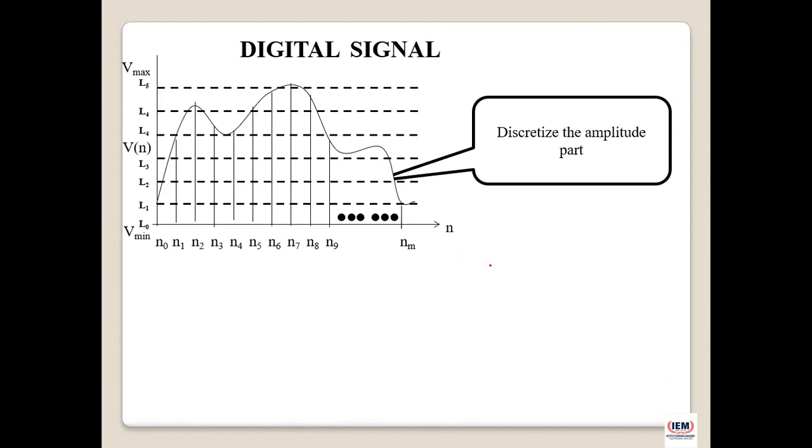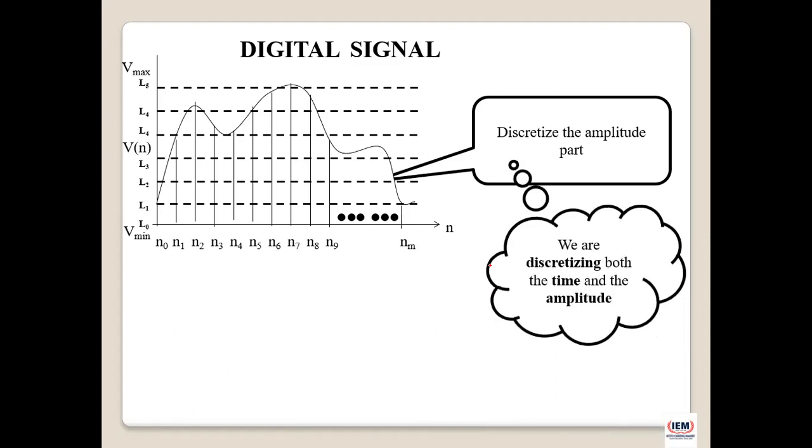In this case, both axes are discretized. That means if we consider voltage or current in the electronics domain, the amplitude part, the y-axis, is discretized, and also the time axis, the variation of the signal depending on time, which is the time index, is also discretized.